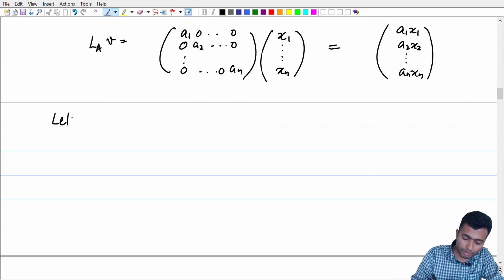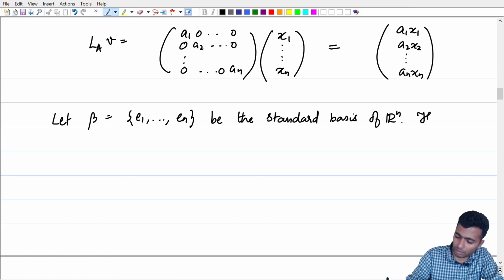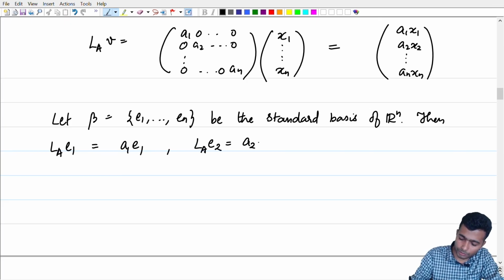So in particular, let's look at the impact of LA on the standard basis. Let beta equal to e1 to en be the standard basis of Rn. Then LA of e1, by what we just noted, will be equal to a1 times e1. LA of e2 is a2 times e2.